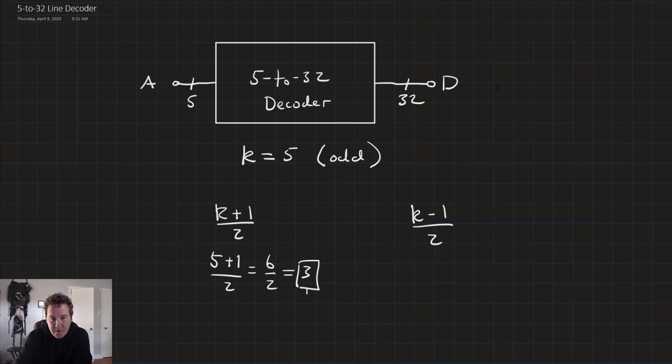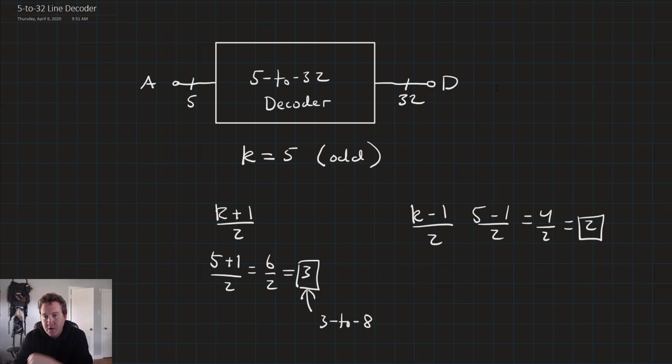So from this one, we know we're going to have a 3 to 8 line decoder. And over here, with K minus 1 over 2, we've got 5 minus 1 over 2 is equal to 4 over 2 is equal to 2. So we've got a 2 to 4 decoder.